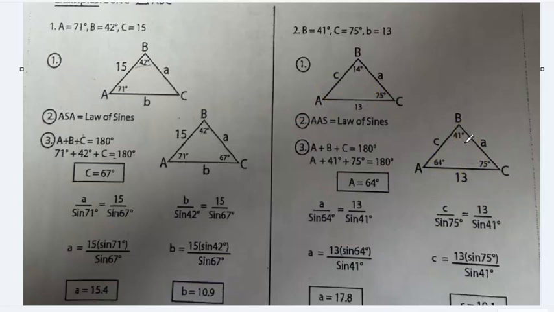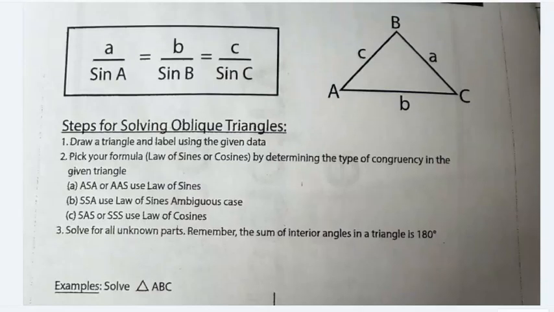They jump these around. I think this is supposed to be 14 or 41. I think that's wrong because this one wouldn't be 64 if that's 14. So it should be 41. So this is the law of sines.